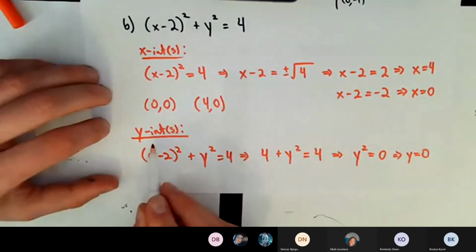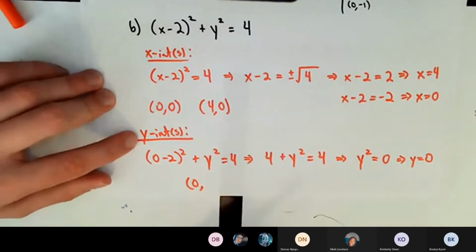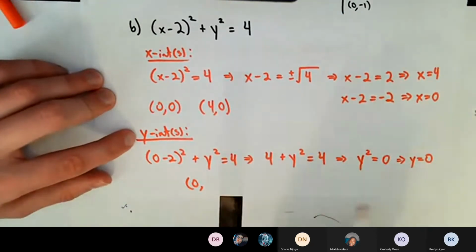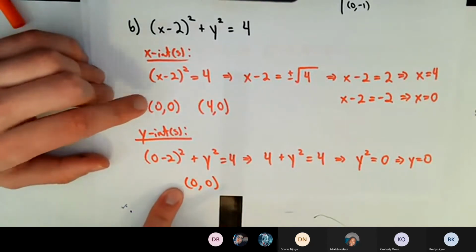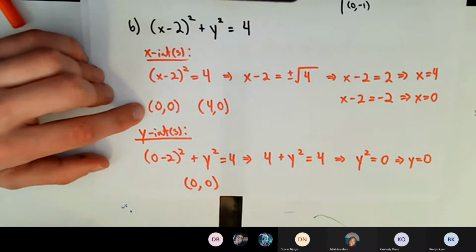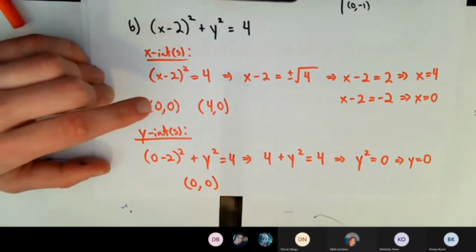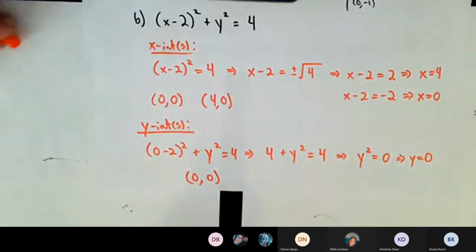So my corresponding y-intercept, x value is 0 by definition for a y-intercept, and the y value I just solved for is 0. So remember that I said this last time, if the graph of an equation goes through the origin 0, 0, then you should see that point come up in your list of x-intercepts and your list of y-intercepts.